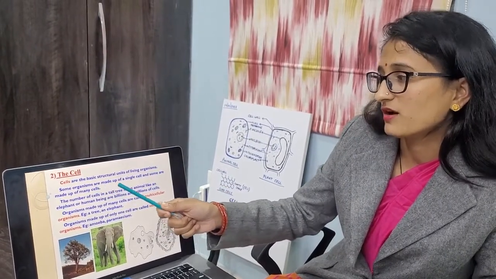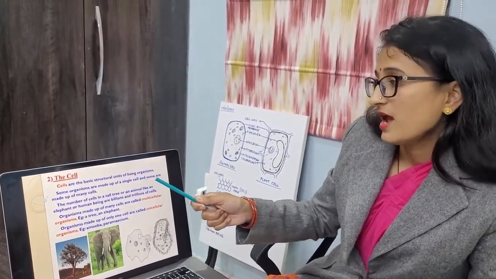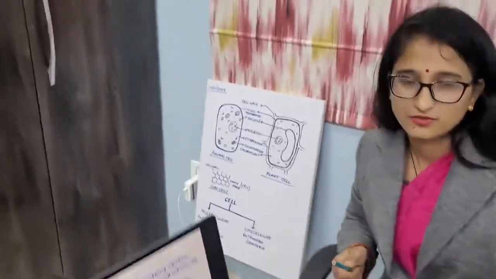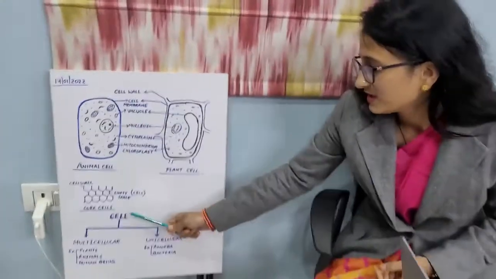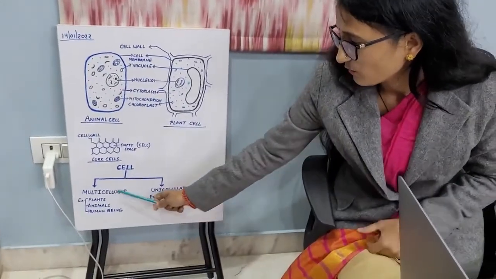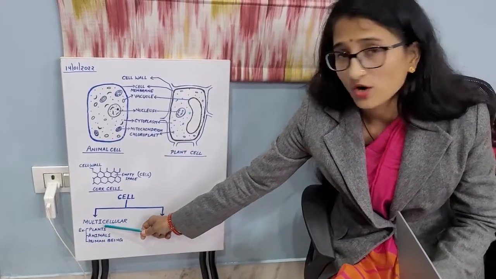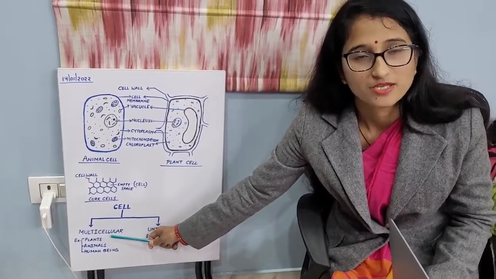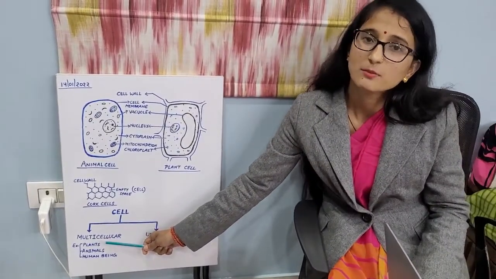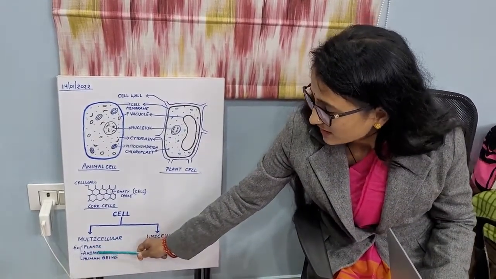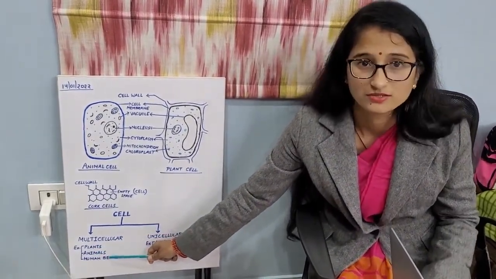Some organisms are made up of a single cell and some are made up of many cells. So on the basis of number of cells, we can divide organisms into two categories. One is multicellular. Multi means many. So the organisms which are made up of many cells are known as multicellular organisms. For example, plants, animals, and we, human beings.